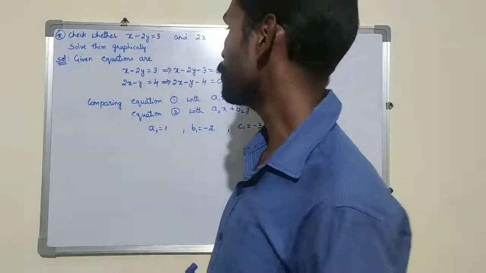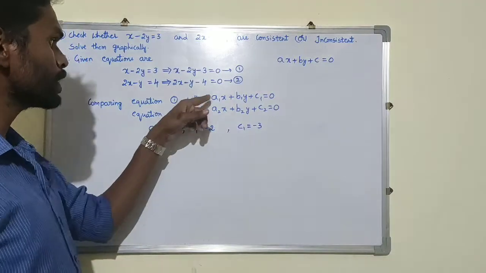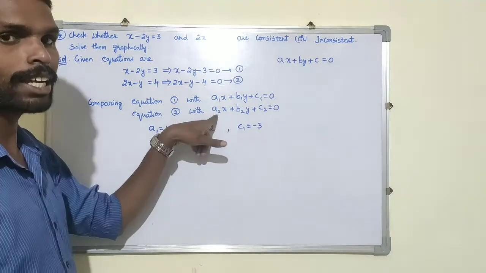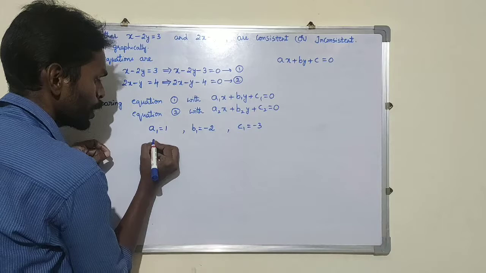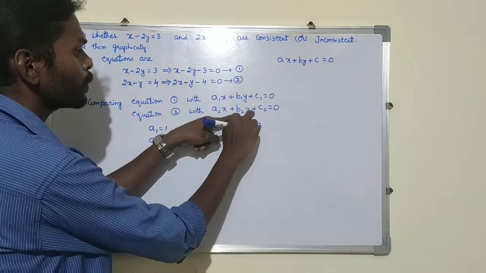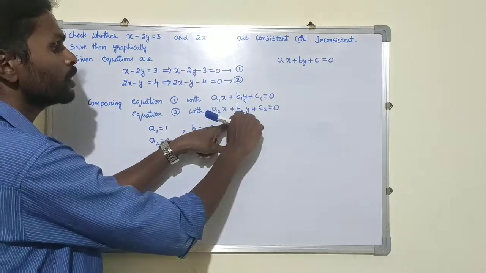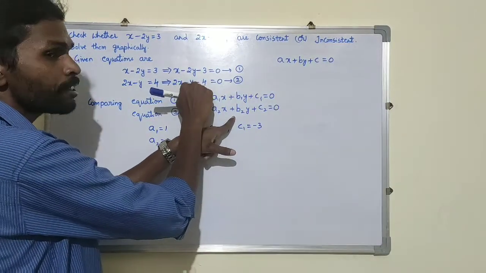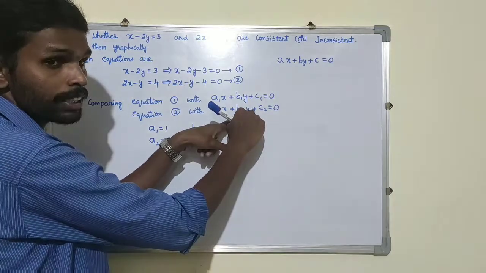Now go to equation 2. Similarly, you will get a2, b2, c2 values. In place of a2, what number is there? 2. a2 equal to 2. Here b2 is there. I am comparing this equation to equation 2. So here the y coefficient is minus 1 and the y coefficient is b2.